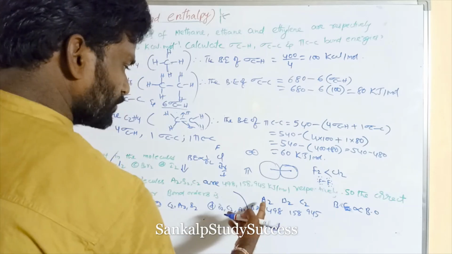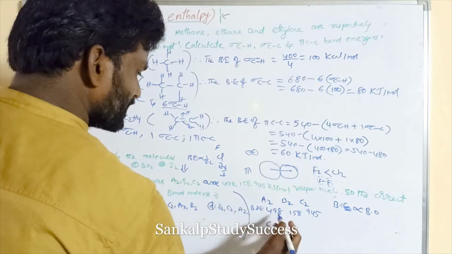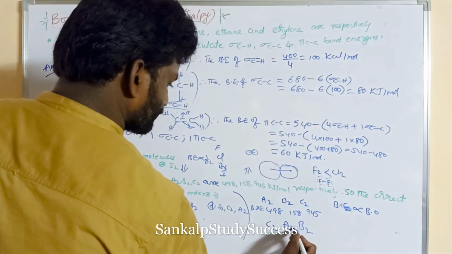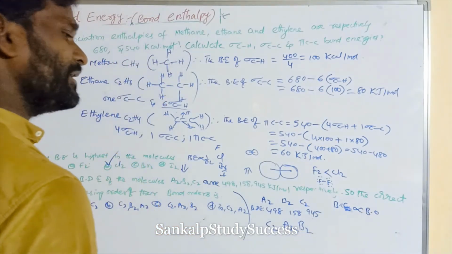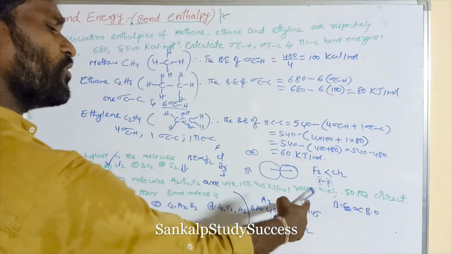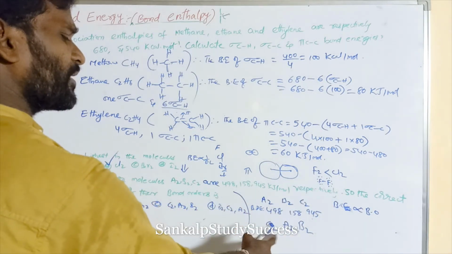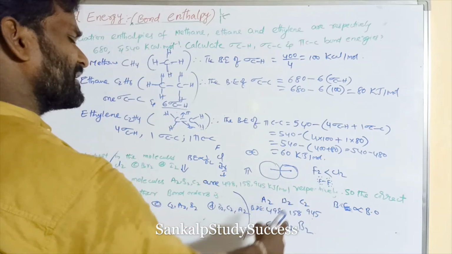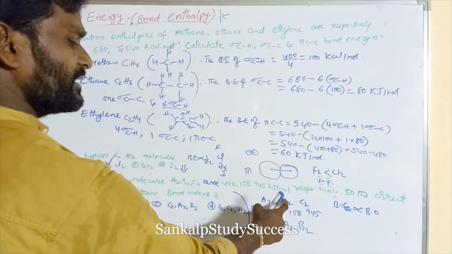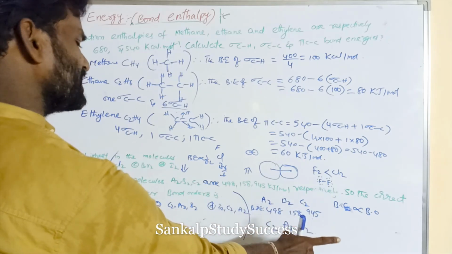Next goes A2, which has 498, and the last one is B2. Why? Bond energy is directly proportional to bond order. B2 has the least bond energy, so its bond order is less.